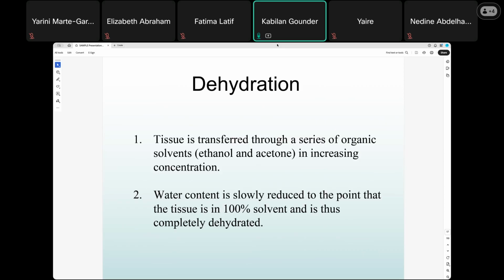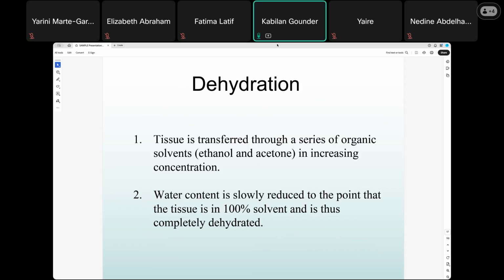As we know, the cells are filled with water and other things. If you remove the water content immediately or suddenly, then the cells will be shocked and will shrink. Also, when you process samples without dehydration and observe under the microscope, the light source will generate heat.